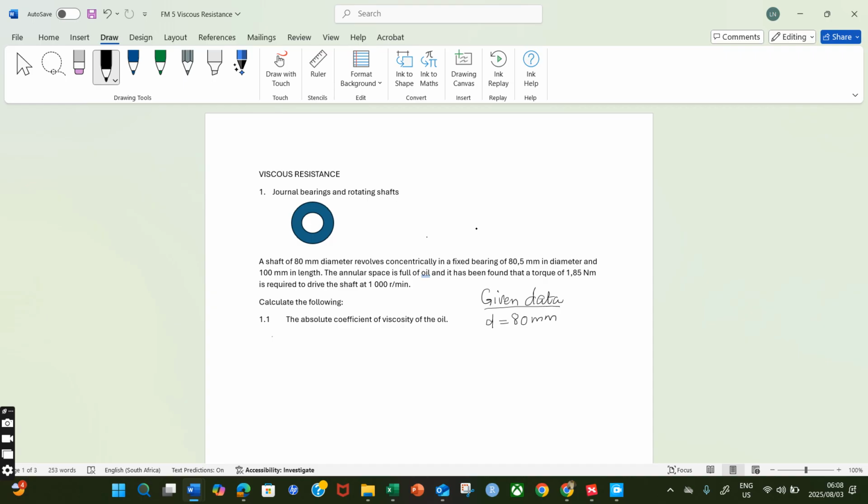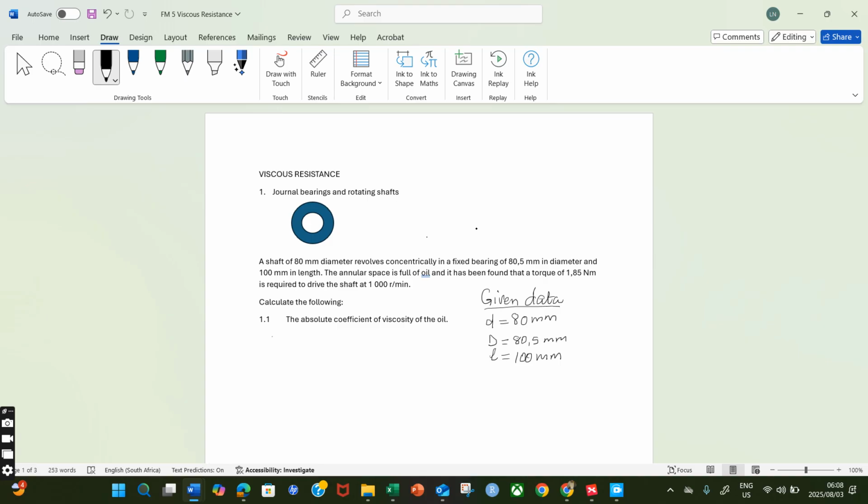Then the internal diameter of the bearing, the general bearing, which is 80.5 millimeters, and the length of the bearing, that is the width of the bearing, is 100 millimeters.